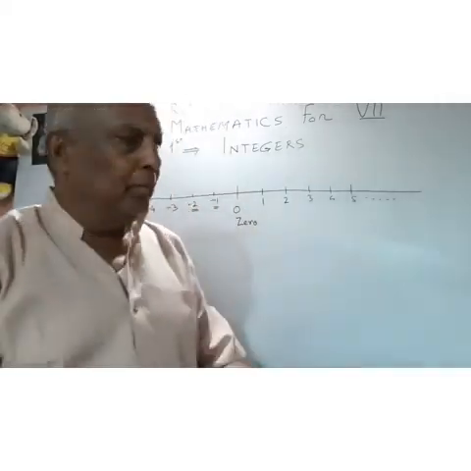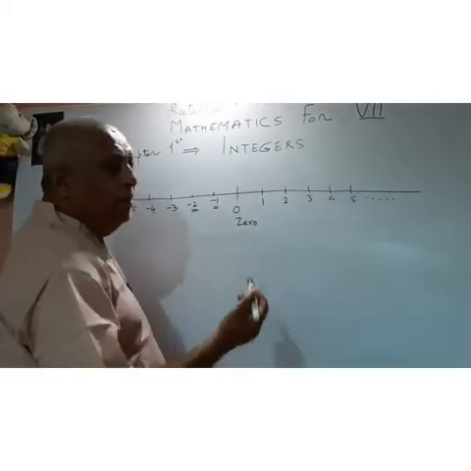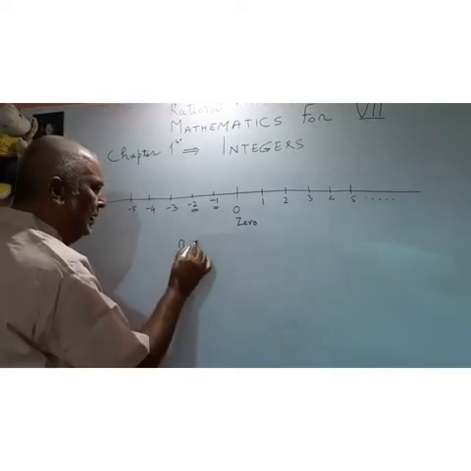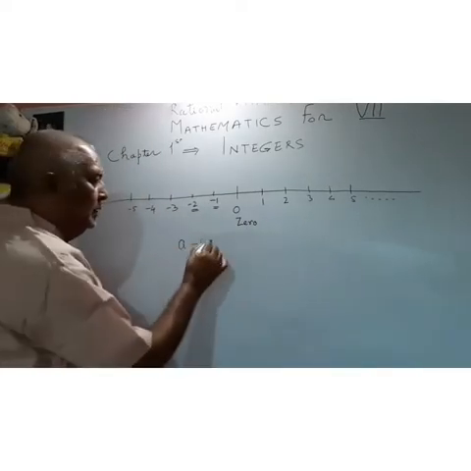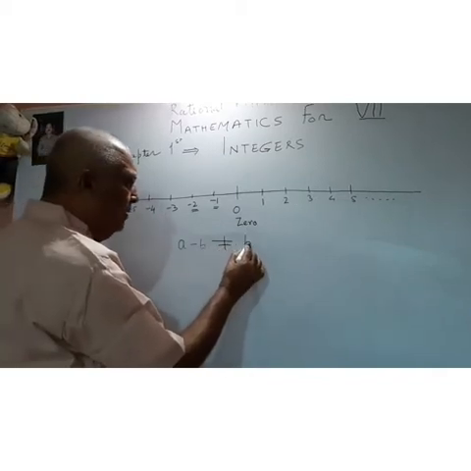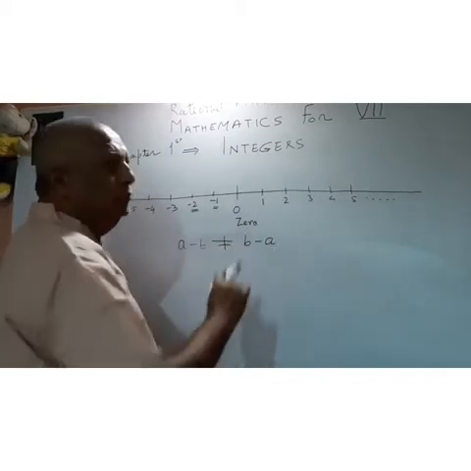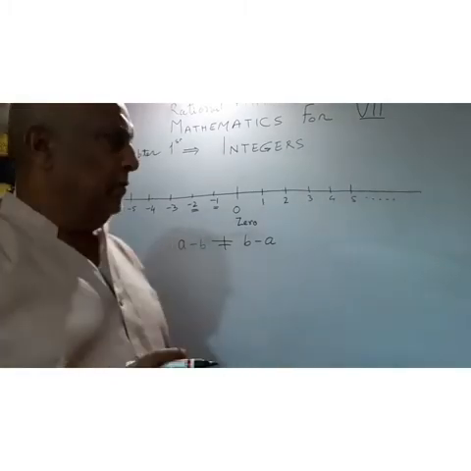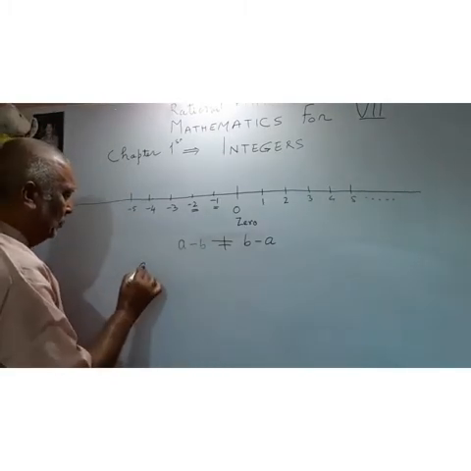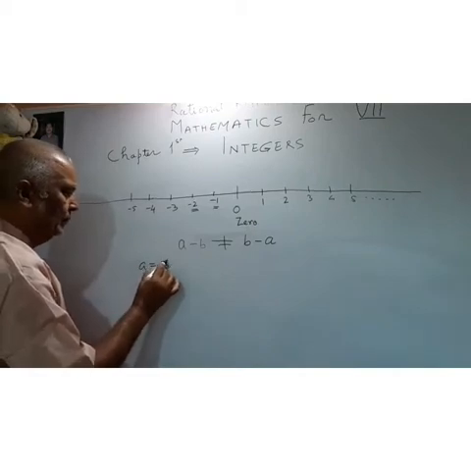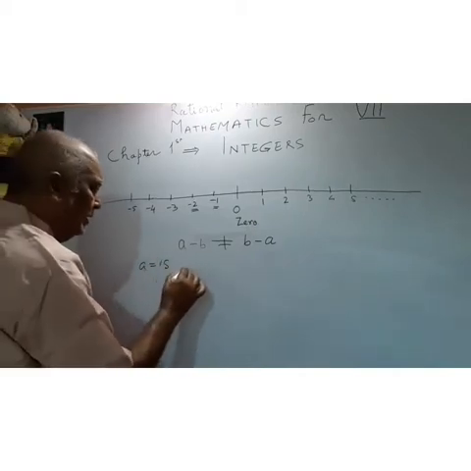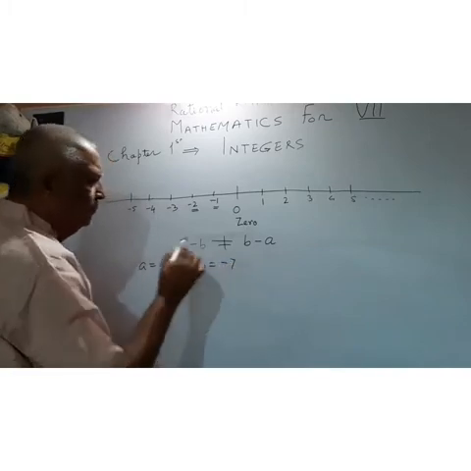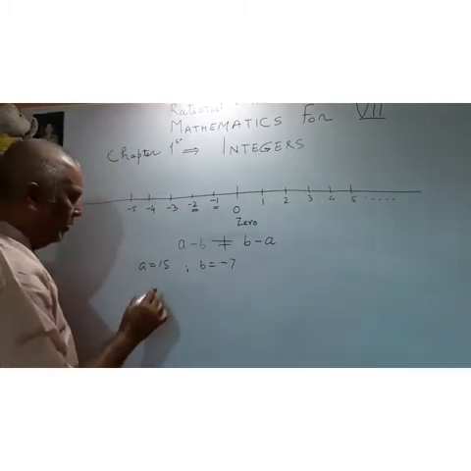Such as, what do you mean by commutative law here for subtraction? A minus B is not equal to B minus A. See here, if A is equal to 15 and B is equal to minus 7, then what happened?